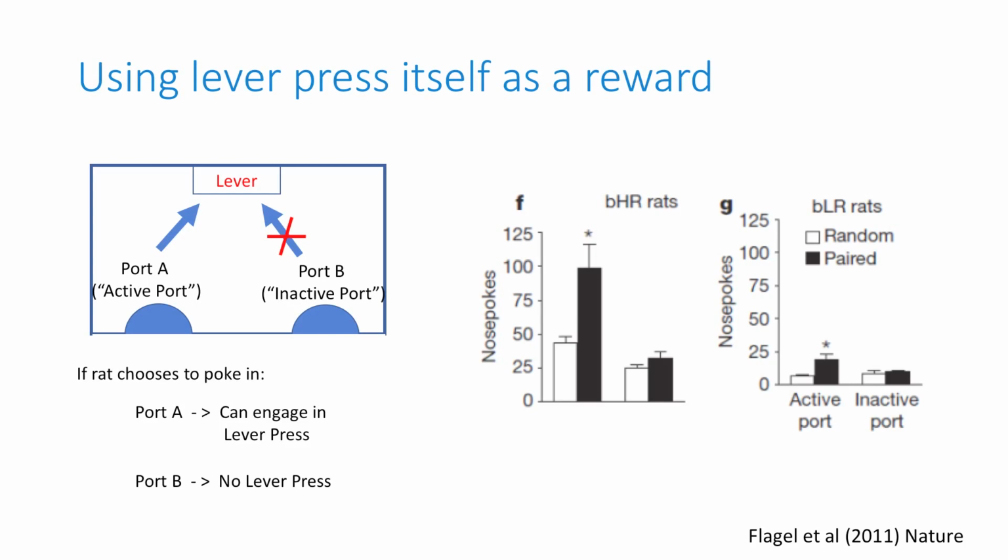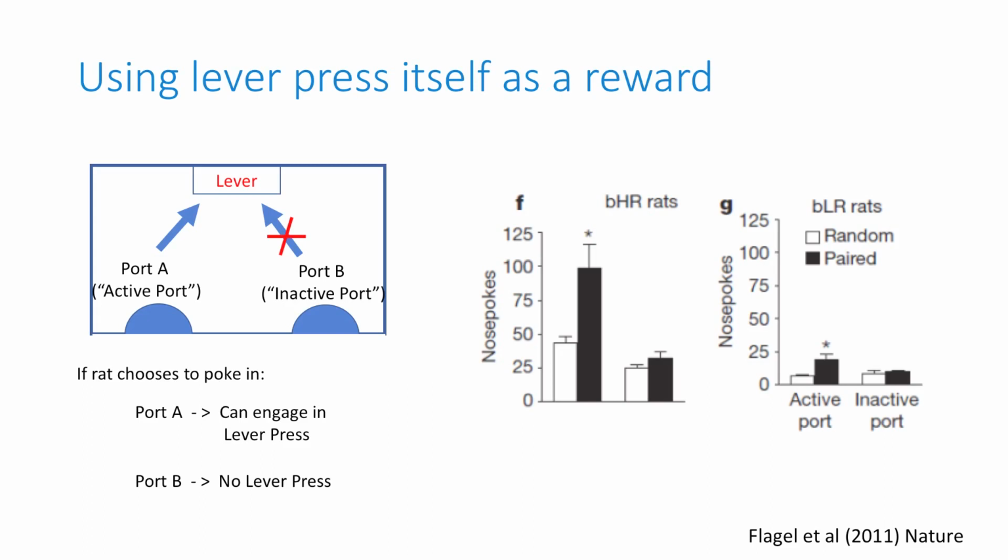In an active port, the insertion of the nose presents the possibility of the cue and then the food and so on, but the inactive port is not associated with anything. The rat does not get anything, it does not signal anything at all.